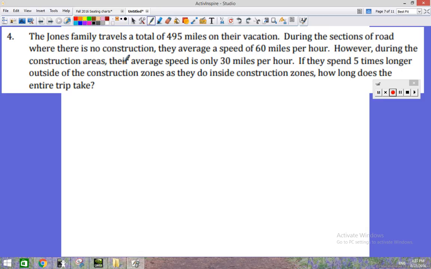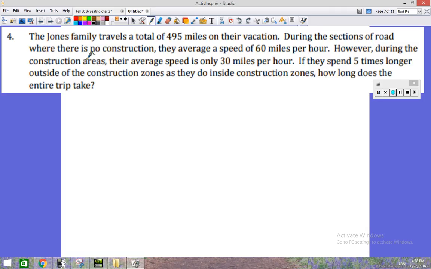We have the Jones family. And they're going on vacation. And they have traveled 495 miles on their vacation. Their travels concluded driving over roads that had no construction, and they probably were averaging faster speeds during that no construction, so 60 miles per hour.